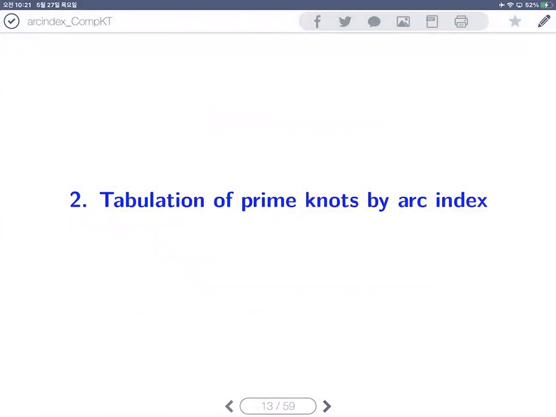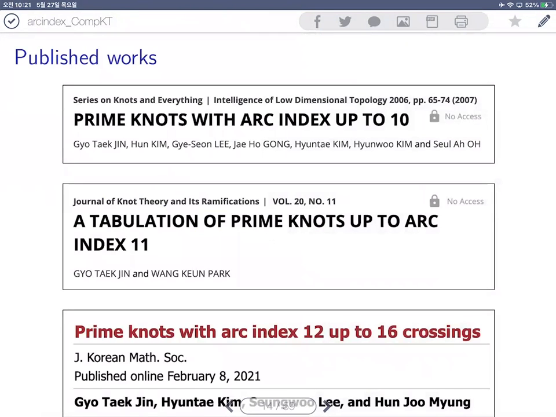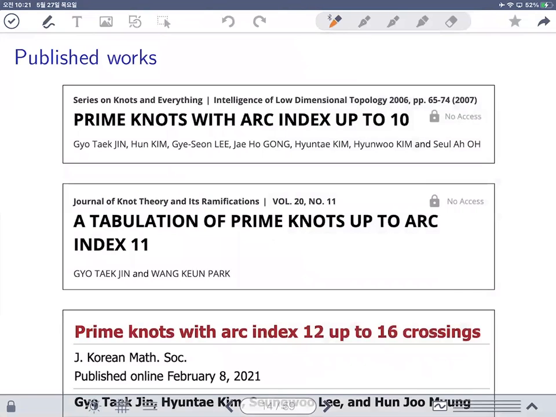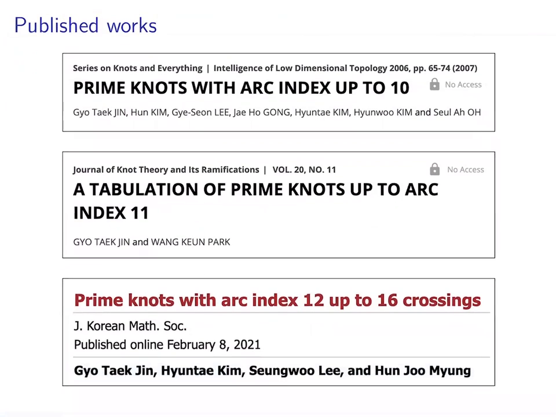So in the second part, I will describe how we tabulated prime knots by arc index. There are 3 published articles. First, prime knots with arc index up to 10. This work was done with a group of gifted high school students.